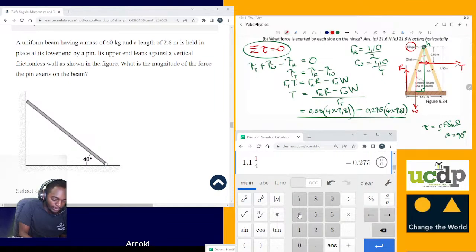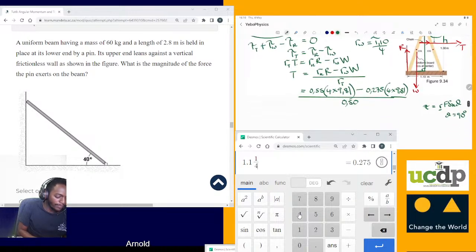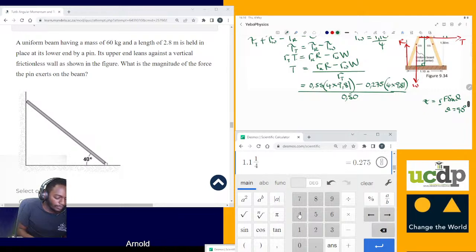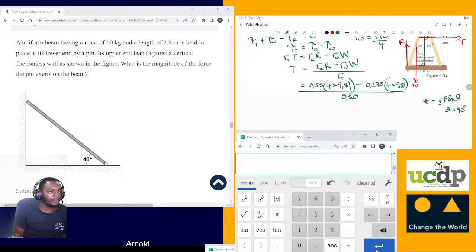So this is the perpendicular distance to the hinge. We've got a right angle, and we've already been given the 0.5, which is the distance. So that becomes 0.50. What remains is for us to punch that in.